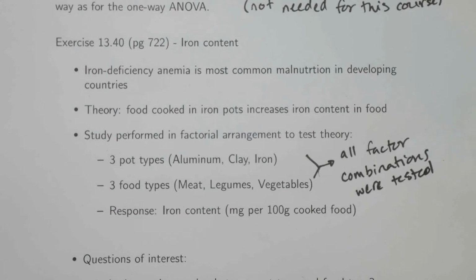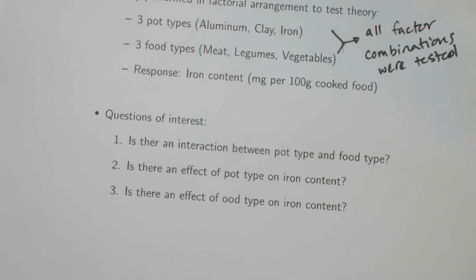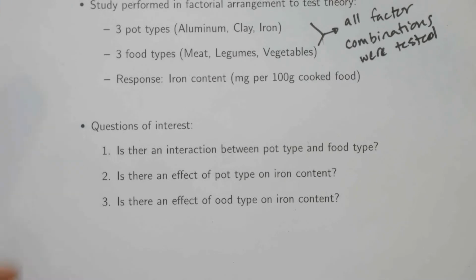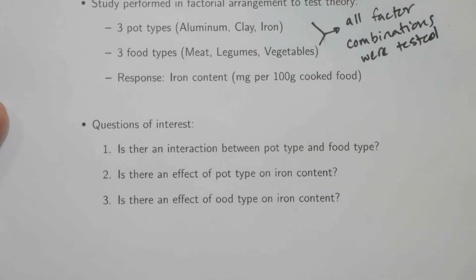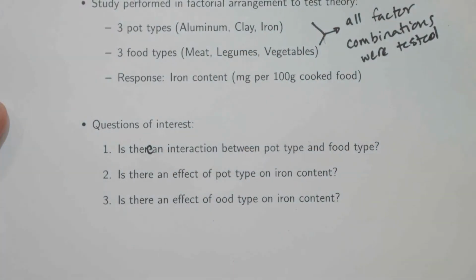And the actual response was the iron content, where the specific measurement was the milligrams of iron per 100 grams of cooked food. So, when we get data from this type of study, there might be three particular questions of interest. Is there an interaction between pot type and food type?